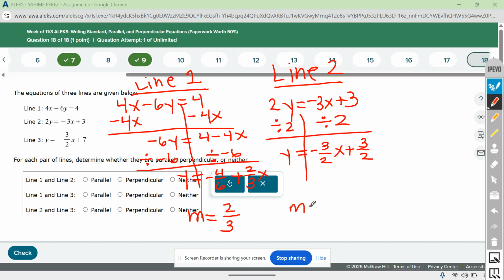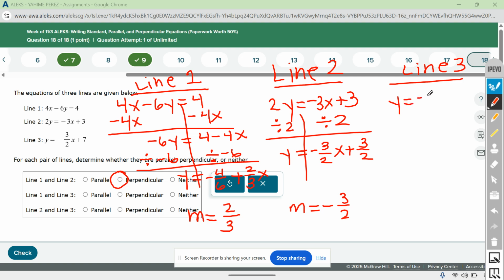And our slope here, which is mushed against the x, is negative 3 over 2. And lastly, so these two lines are perpendicular. 1 and 2 are perpendicular because one's positive, the other one's negative, and one's 2 over 3, and the other is 3 over 2. Okay, last one.